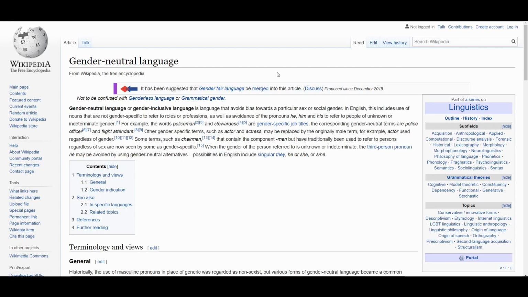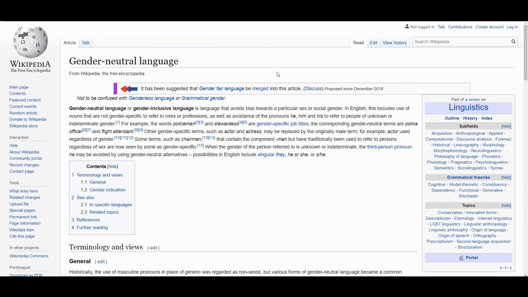But when you look at the definition of gender neutrality or gender inclusiveness in language, a generic definition from Wikipedia says, gender neutral language or gender inclusive language is language that avoids bias towards a particular sex or social gender.